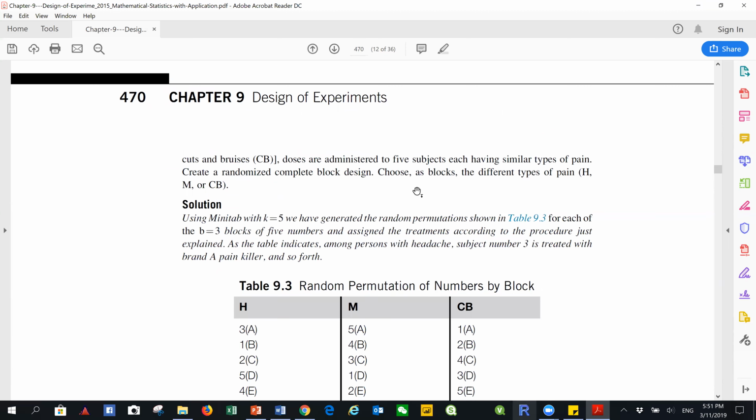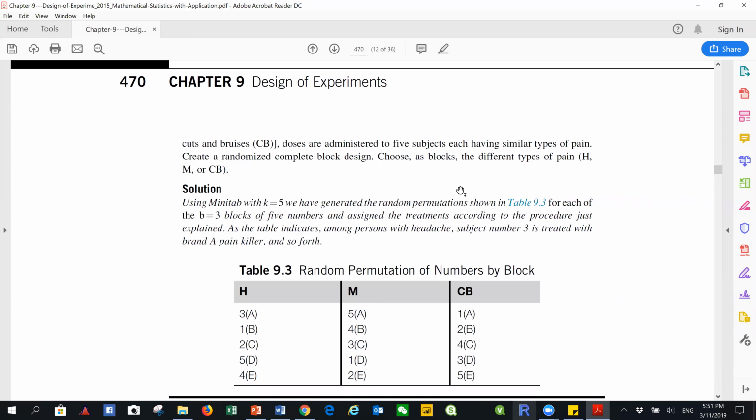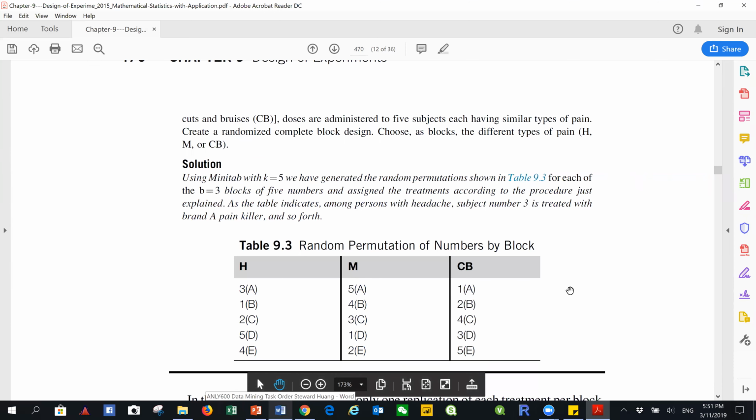Create a randomized block design, choosing as blocks the different types of pain. So first, we have to block the types of pain because they are similar. We block these types of pain together.